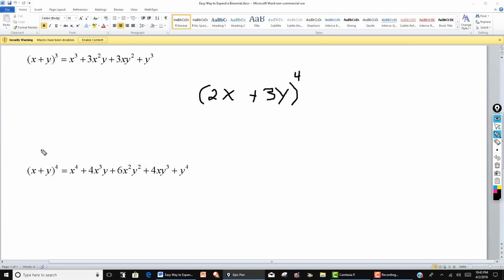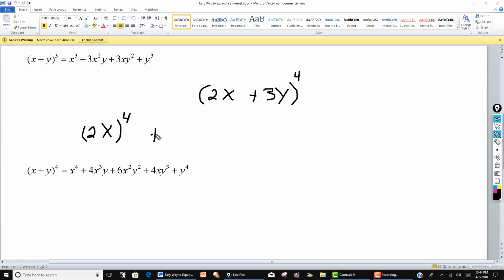And just to have enough space. I know then, from what we said, the first term is going to be 2x taken to the fourth power. Okay, so I'm going to put this in parentheses. Okay, and these examples were just x, but now instead of just x, it's 2x. So 2x is the first term, 3y is the second term.